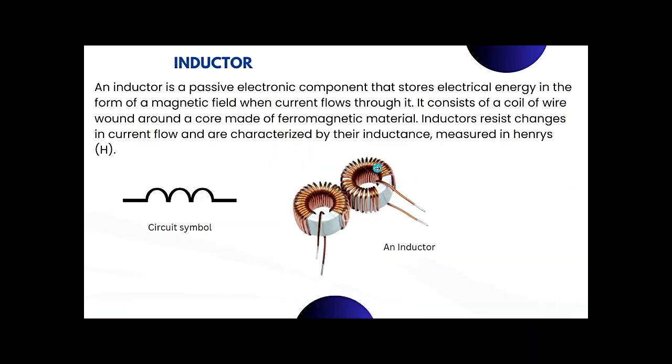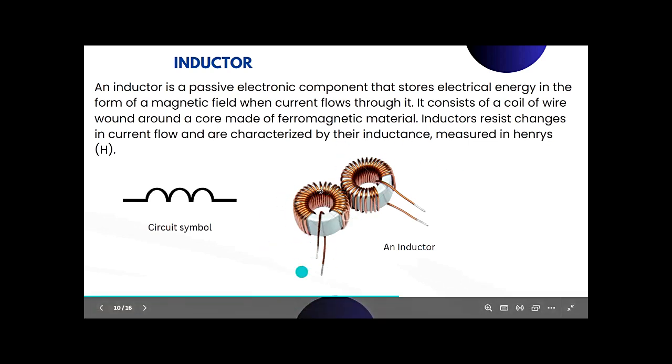And looking at the inductor, yes, the inductor is another type of passive electronic component that stores electrical energy in the form of a magnetic field. An inductor consists of a coil of wire wound around a core.